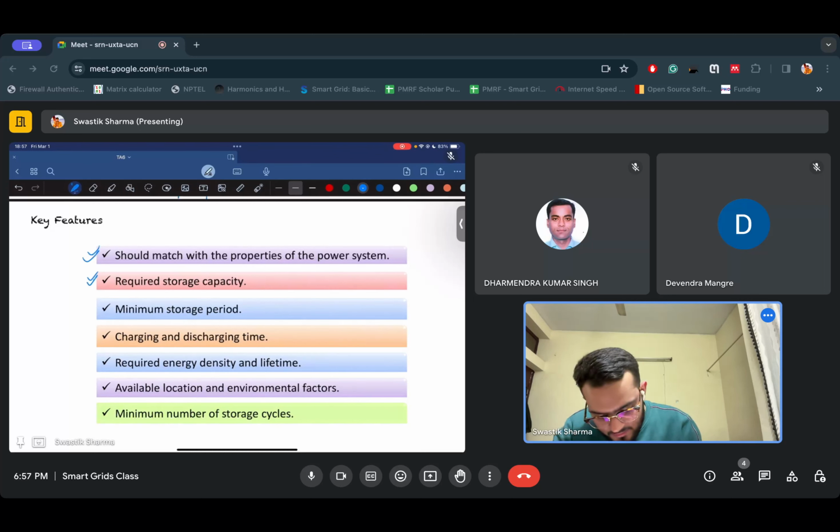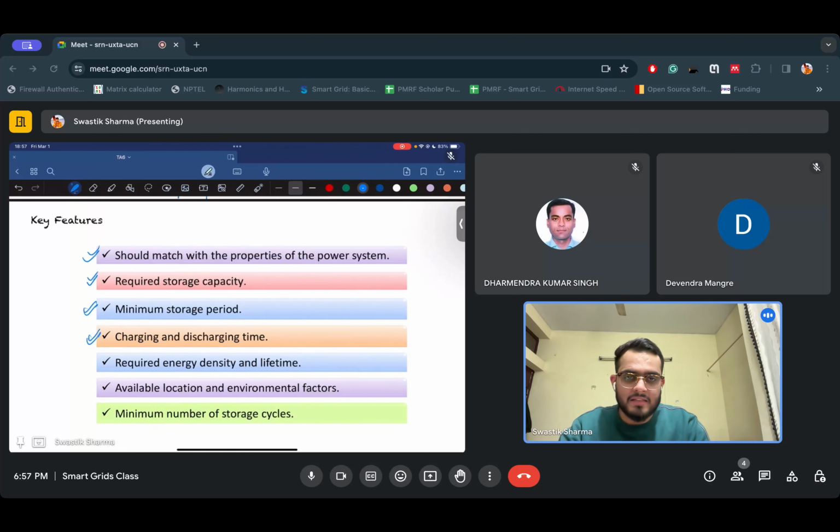Then we have a minimum storage period. In order to supply power, before supplying it to the grid, we need some part of it to be stored in the battery, right?